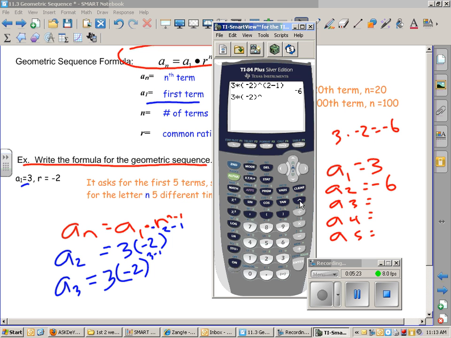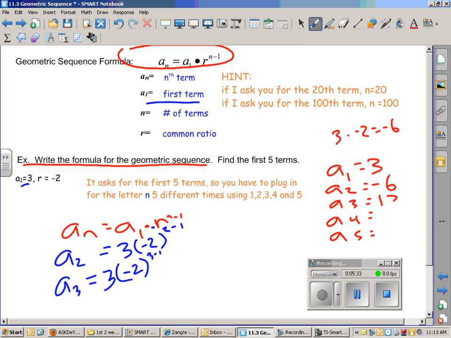Well, we have the third term minus 1, and enter, and it gives us 12. So a to the third equals 12, and that should make sense because, again, negative 6 times negative 2 gives us 12.